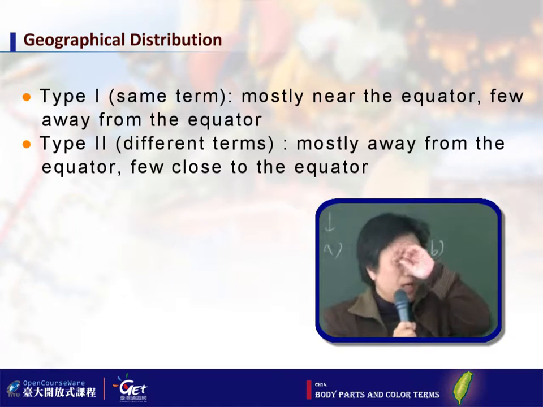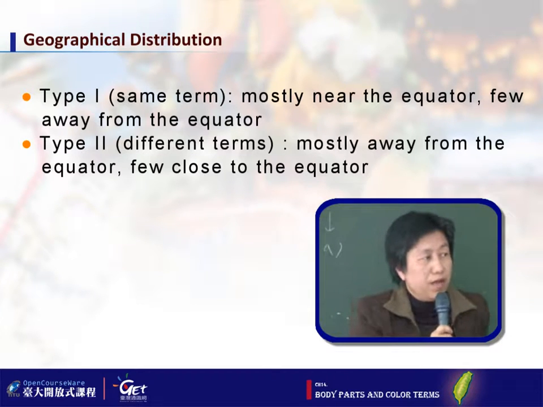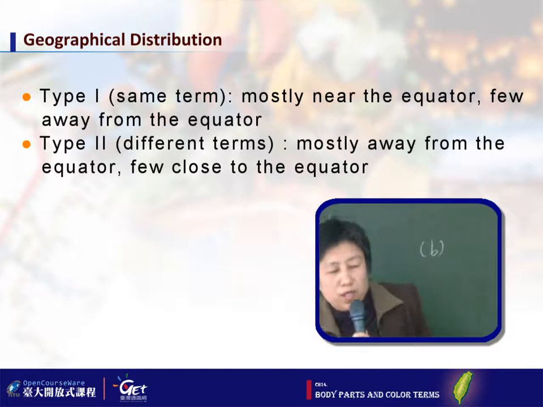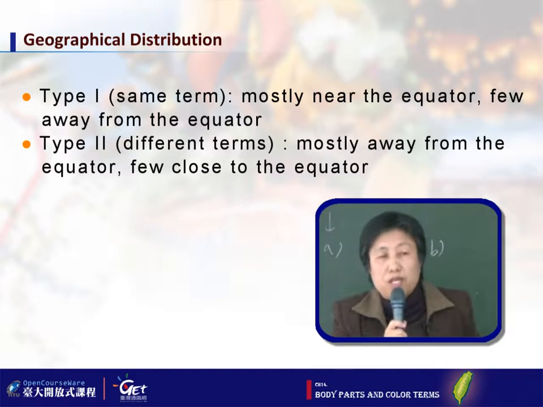And type 2, different terms for hand and arm, are mostly away from the equator, with only a few close to the equator.